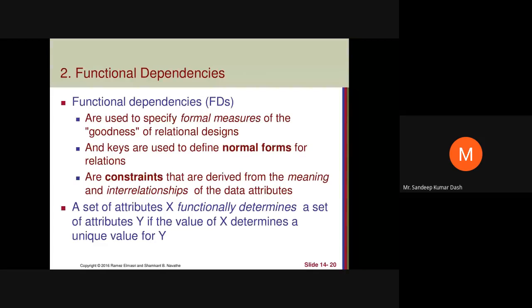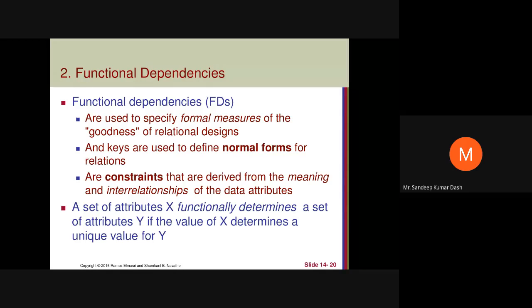We will see in the experiments that if you have data in the relational table, afterwards you cannot create keys. First you have to create the key, then you insert the data, because the constraints are always applied on the relational schema. Schema means the design. So first you create the table along with the key constraints, then you insert the data.